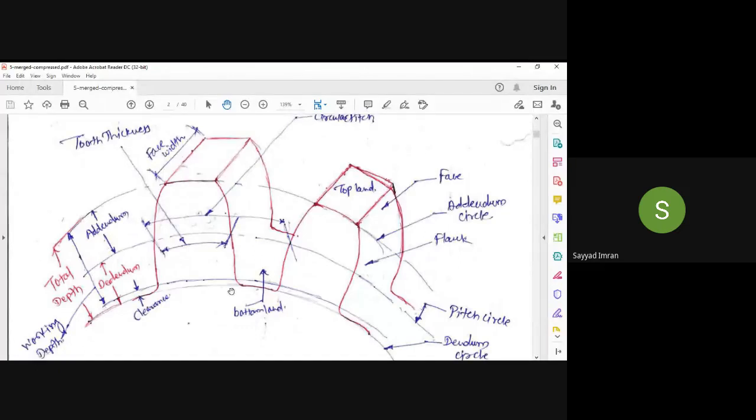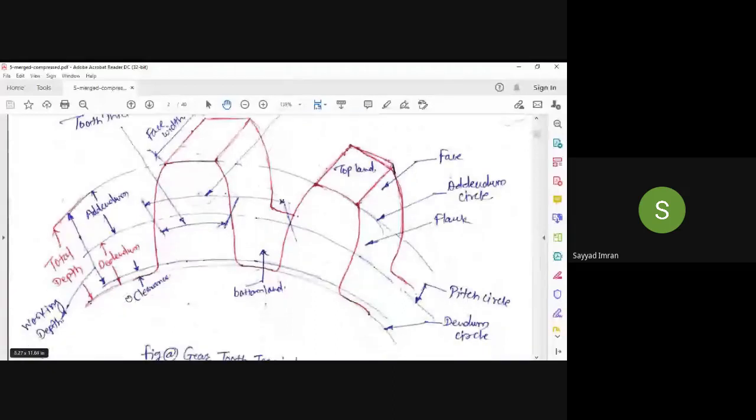Here the center line curve I have given the name pitch circle. The distance between the top circle and this pitch circle is addendum, and the distance between the pitch circle and the bottom circle is dedendum.